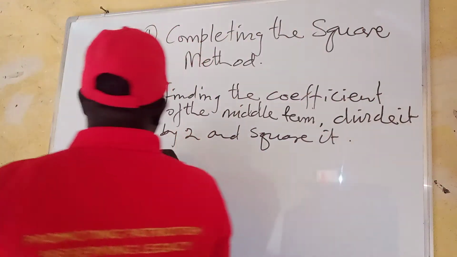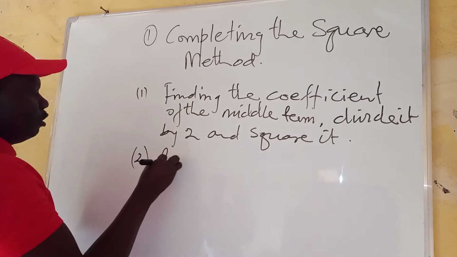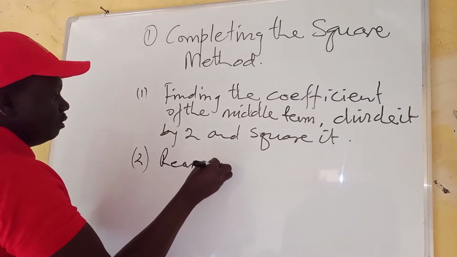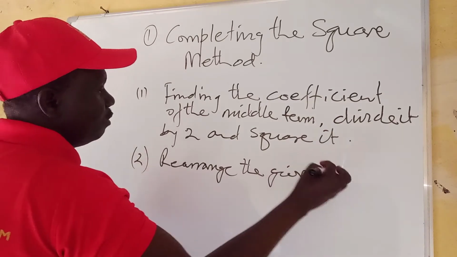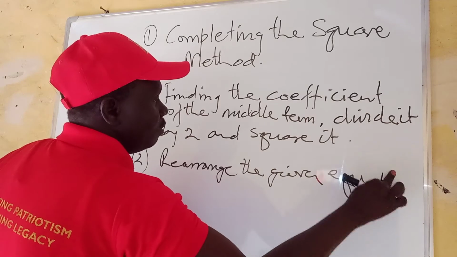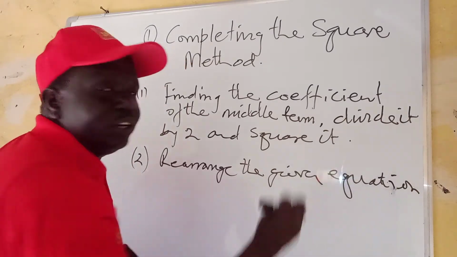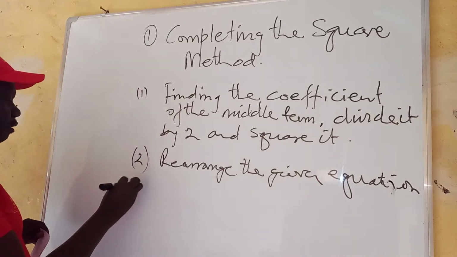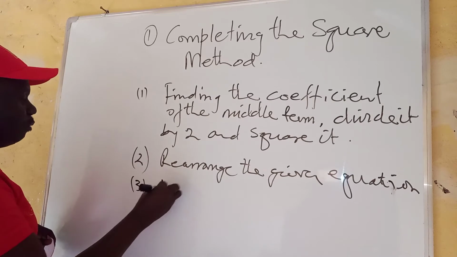The second step is to rearrange the given equation. The third, which is the last, is to add the square number to both sides of the equation.